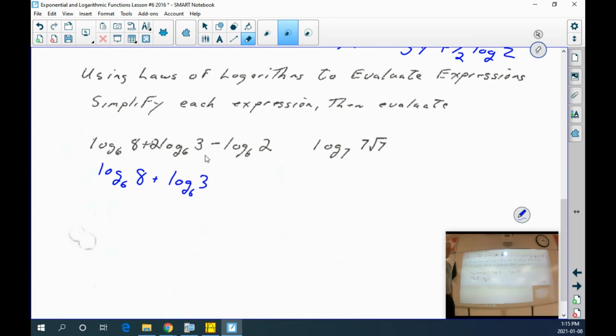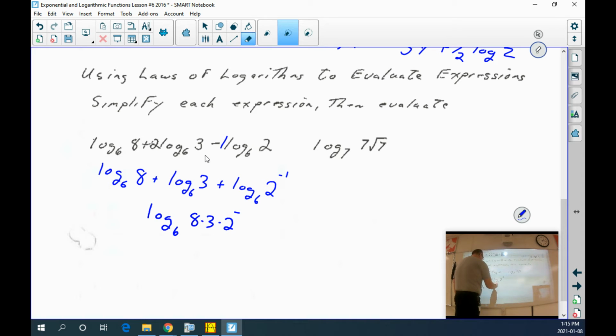Now, one of the things I like here, I can think about this guy as -1 times log base 6 of 2. So I can also shake that -1 up. And now I've got the sum of 3 logarithms. What I can replace the sum of 3 logarithms with is the logarithm of the product of those 3.